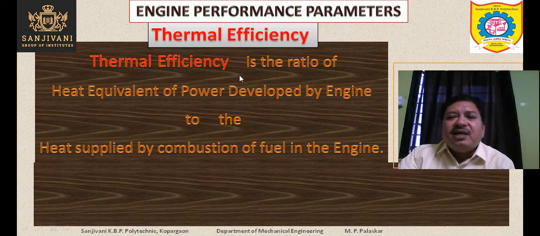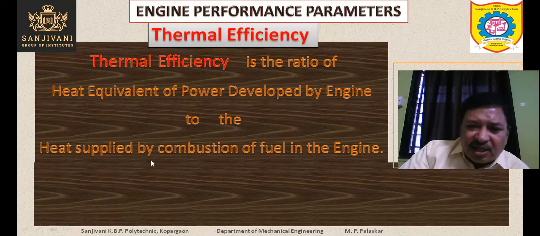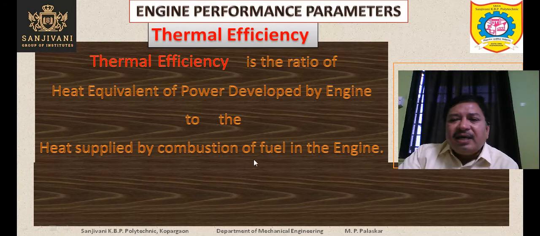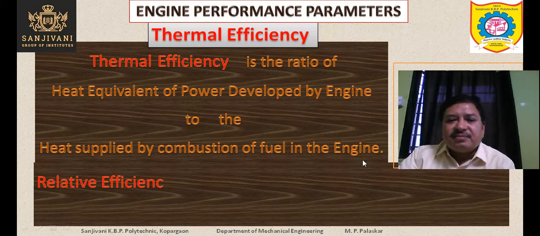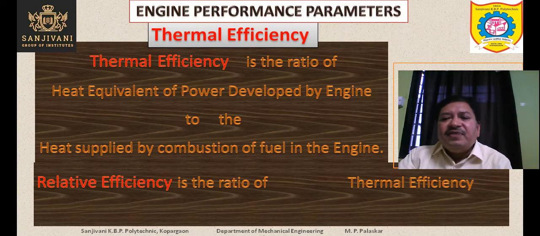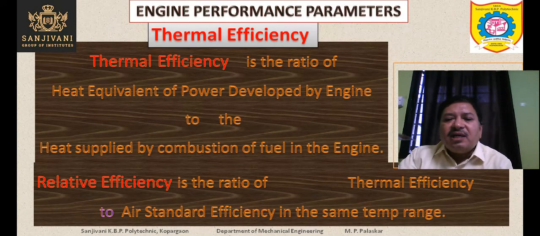And therefore thermal efficiency is the ratio of the heat equivalent of the power developed by the engine to the heat supplied by combustion of fuel in the engine. Relative efficiency is the ratio of thermal efficiency to the air standard efficiency in the same temperature range.